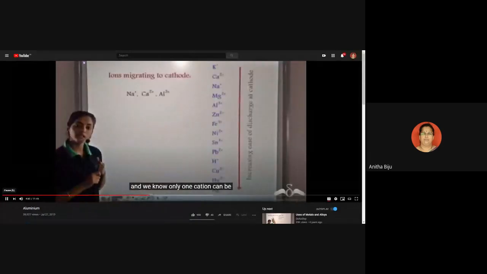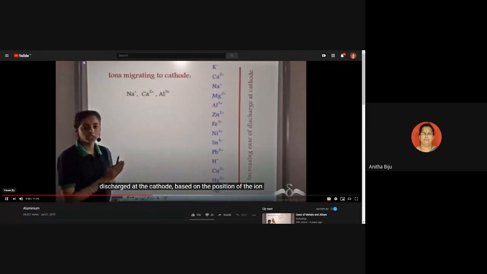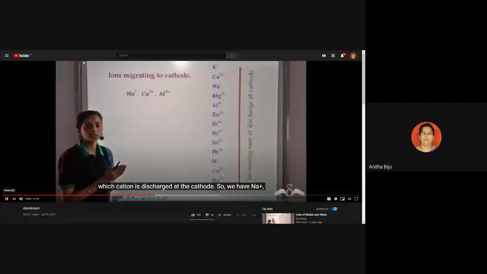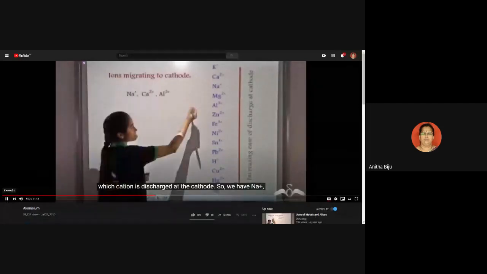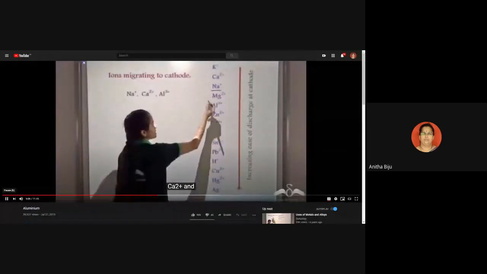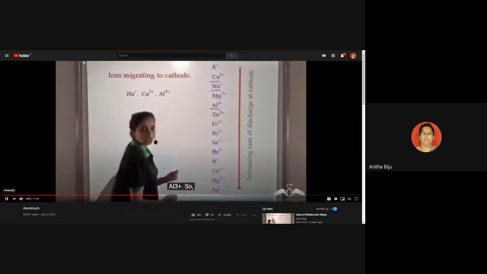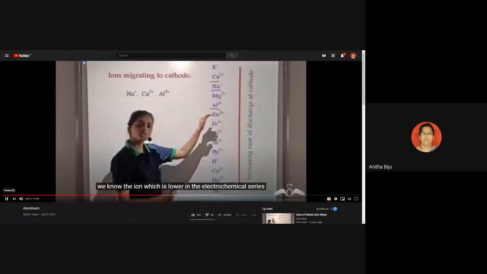And we know only one cation can be discharged at the cathode. Based on the position of the ion in the electrochemical series, we decide which cation is discharged at the cathode. So we have Na plus, Ca2 plus and Al3 plus. So we know the ion which is lower in the electrochemical series is discharged at the cathode.